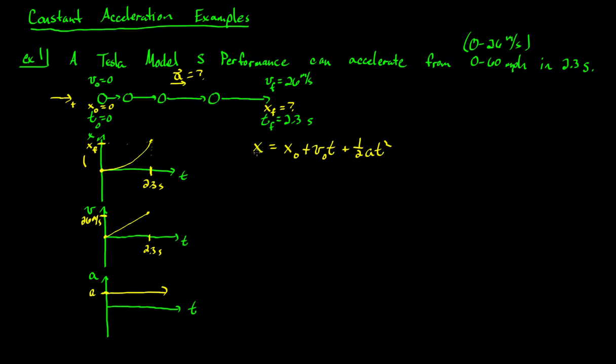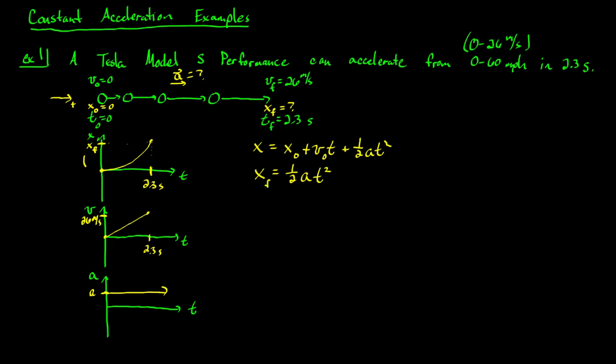So the final position, we don't know, so that has to stay. The initial position we said is 0, so that just goes away. The initial velocity is 0, so that goes away. So all we're left with is this last part, 1/2 of the acceleration times time squared. That would be the final position.